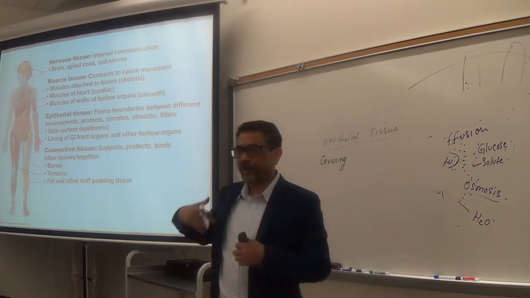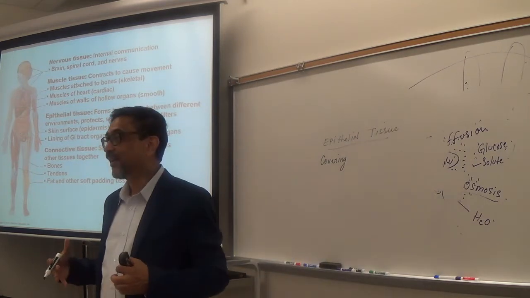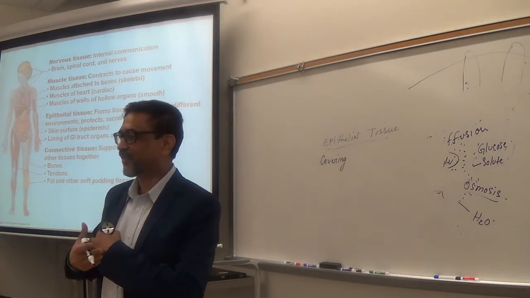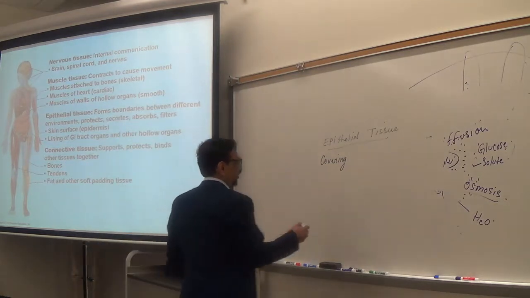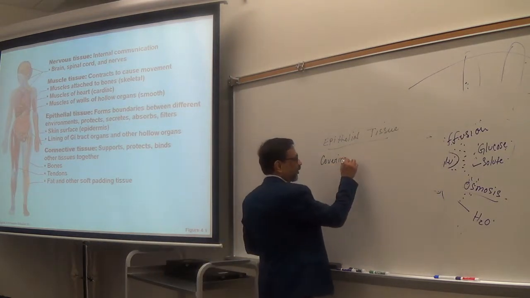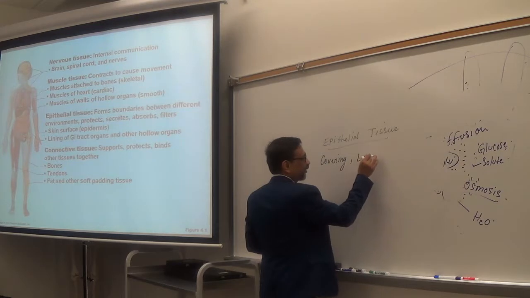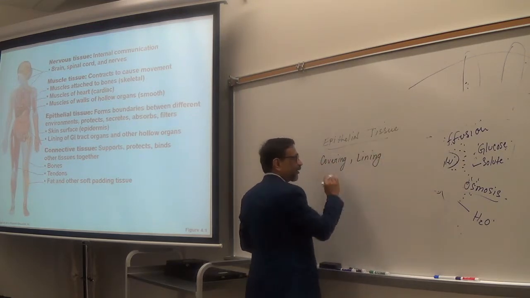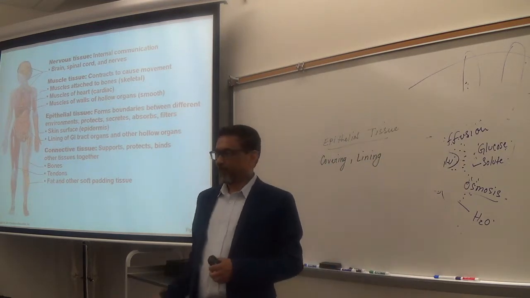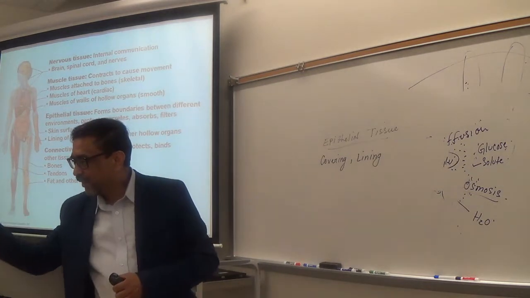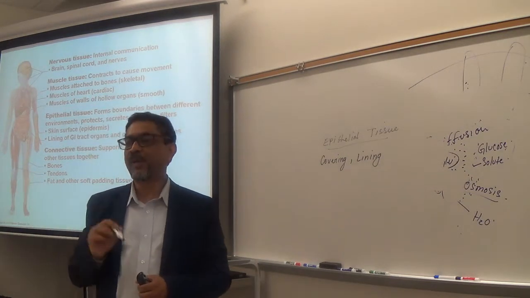Who covers the body? Skin. So outer surface of the skin is epithelial tissue. Lining of the cavities, inner lining, and tube-like structures.